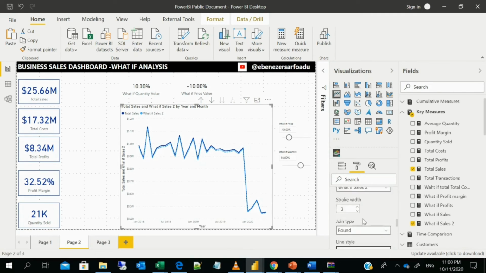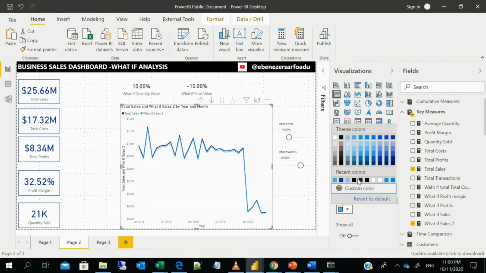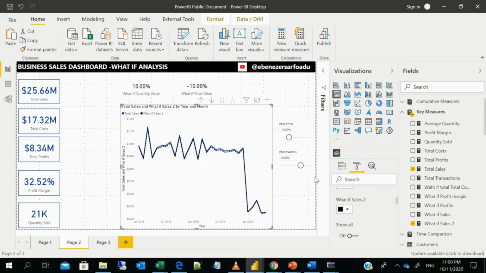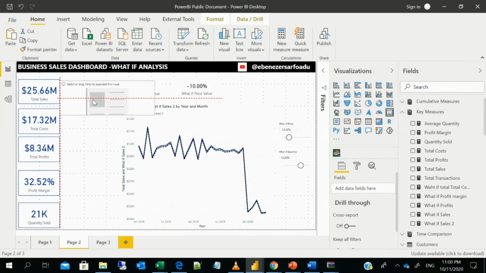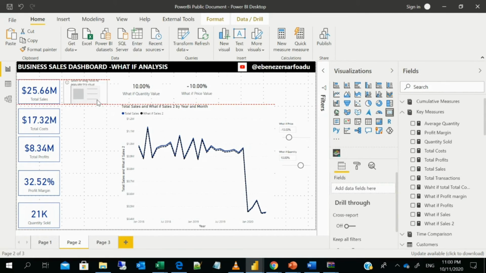So let's look at our dashed line. Let me make it probably a different color so as you would see the difference. Black. So let me bring in some cards so as we can also look at what would be the case. So let's look at the what if sales.